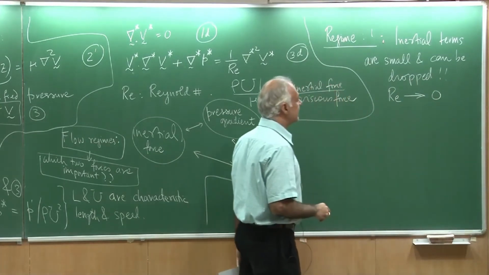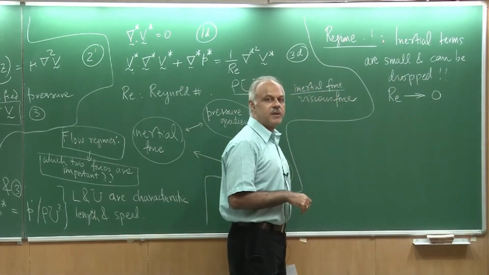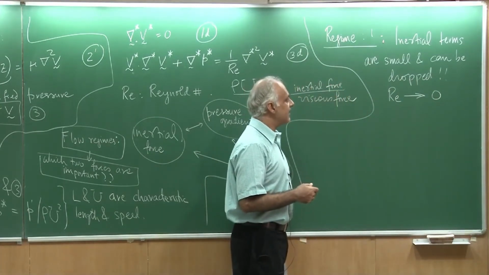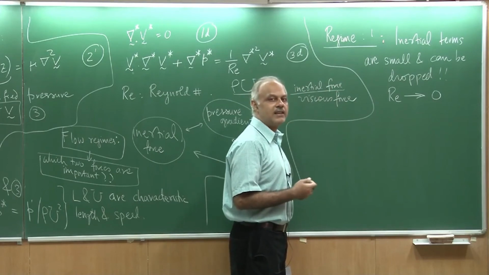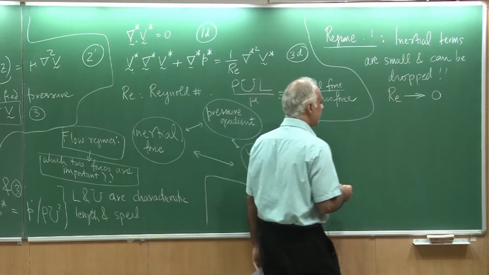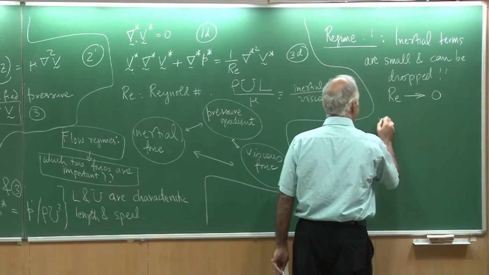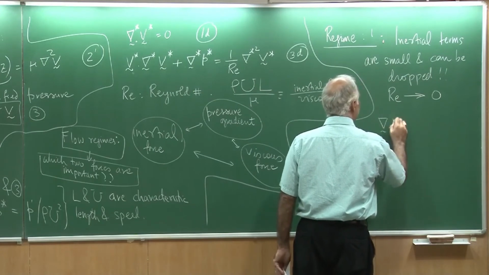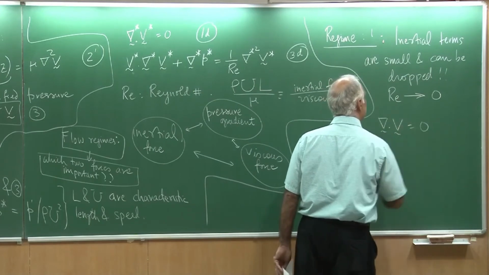So, the inertial terms are small with respect to the viscous term, and the viscous terms therefore have to be balanced by pressure. So, if that happens, then my equations are divergence of V equal to 0.